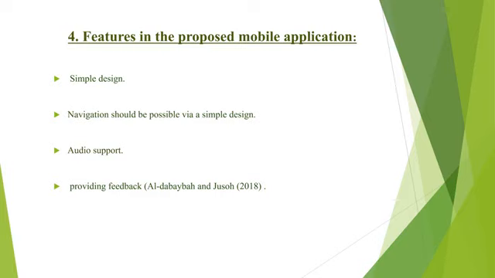Now, I would like to explain the main features in the proposed application. Actually, previous research was used to acquire the system features to include in this system. The following components in assistive technologies are needed to support the dyslexic population. Firstly, simple design.